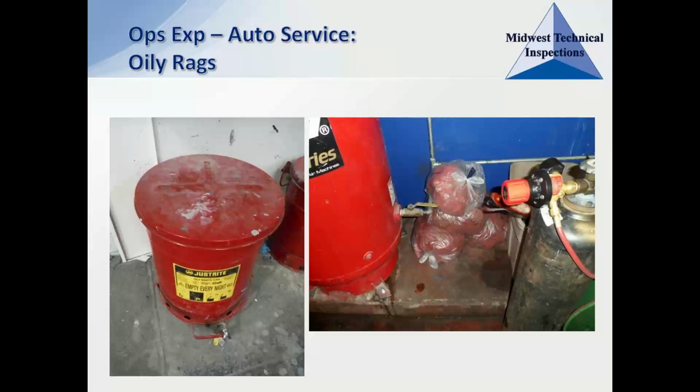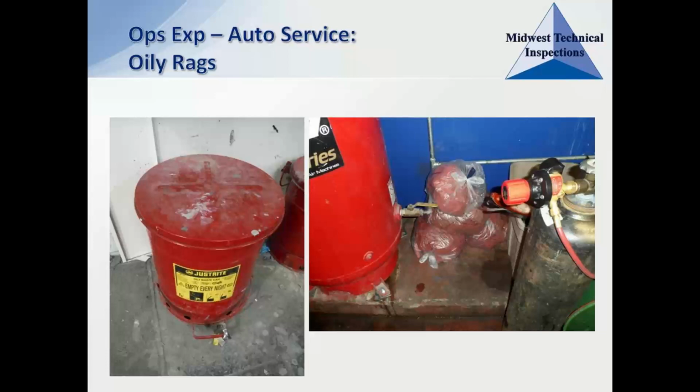That way, if those rags ever self-combust, they will be contained inside of that metal can, and the lid will help to suffocate and stop that fire before it gets big enough to spread to the areas around it. What we don't want to see is random little plastic bags.